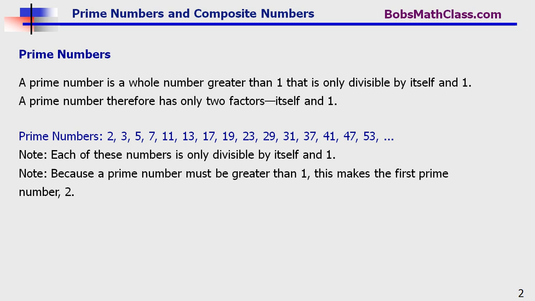So that makes the first prime number 2. 2 is actually the only even prime number. Now prime numbers, they go on forever. There's no last prime number. There's an infinite amount of prime numbers. But 2 is the only even prime number.